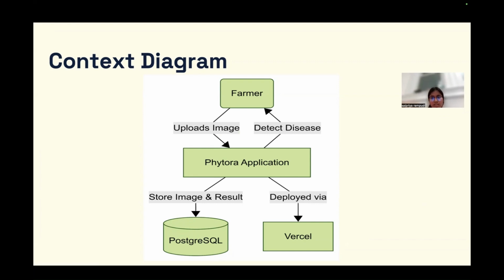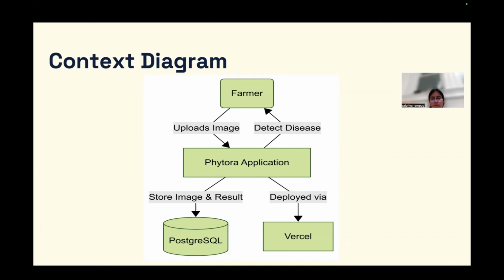This image is processed within the Pythora application, which leverages AI to analyze and detect diseases. Once the analysis is completed, the results, including the identified disease and confidence level, are stored in a PostgreSQL database for future reference.